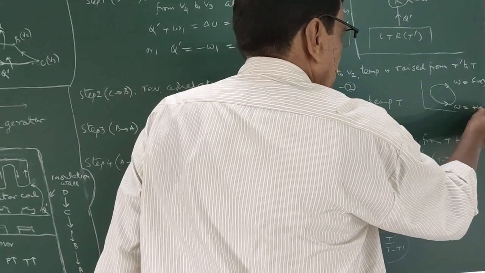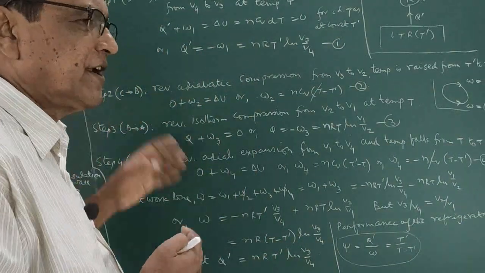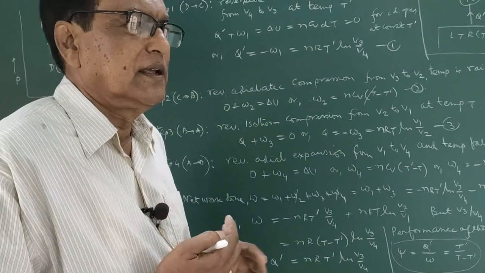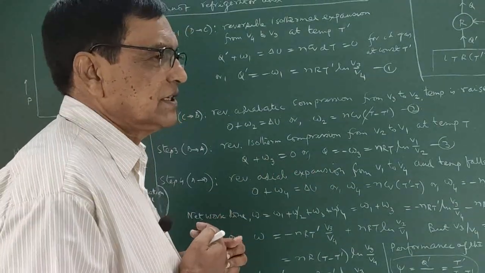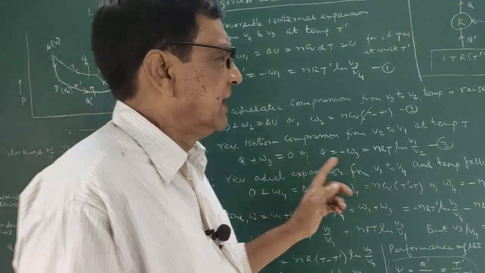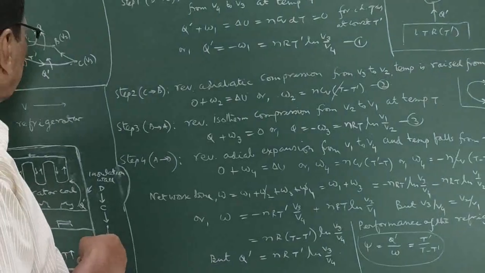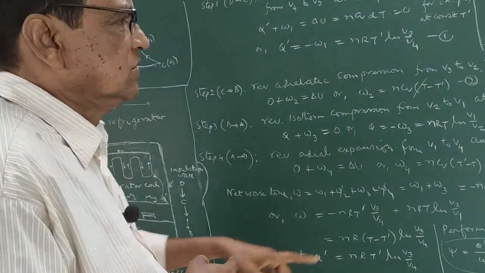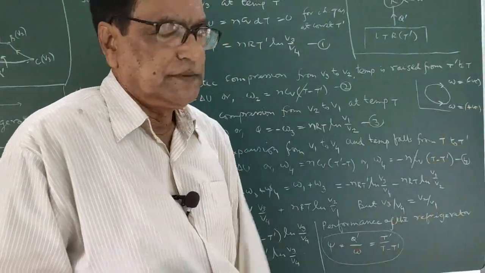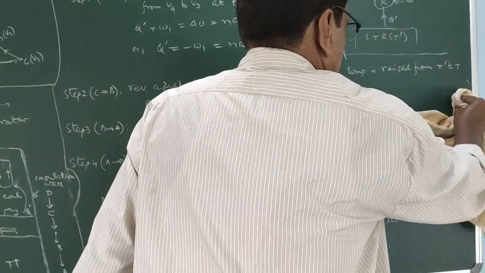This is a general rule, and also this has been proved here. The amount of work given to this refrigerator is positive, and also the cycle runs anti-clockwise, so it is positive. So this is all about this refrigerator.